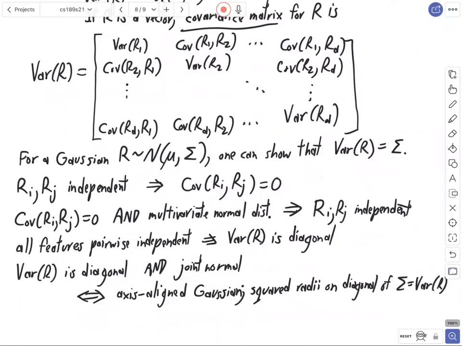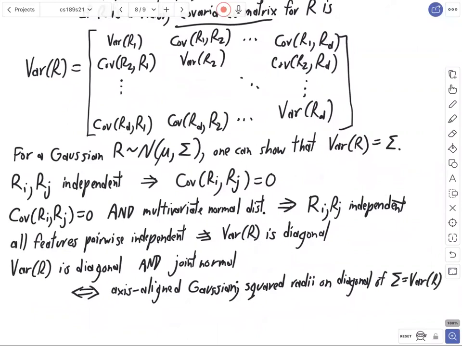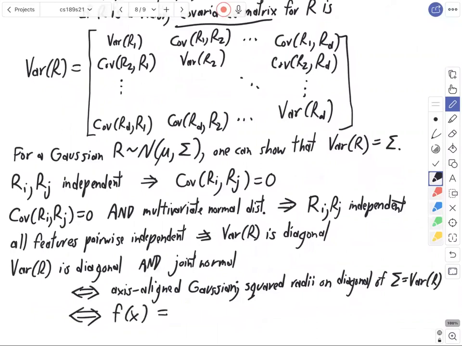And if that happens, it's also possible to show that the multivariate PDF has a special form. When you have a diagonal covariance matrix, then the multivariate is just a product of a bunch of univariate Gaussians, one for each variable.